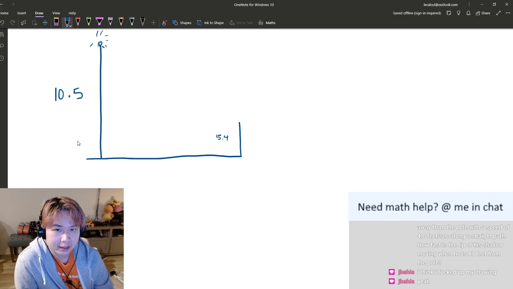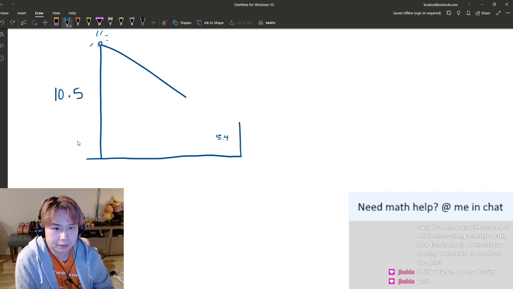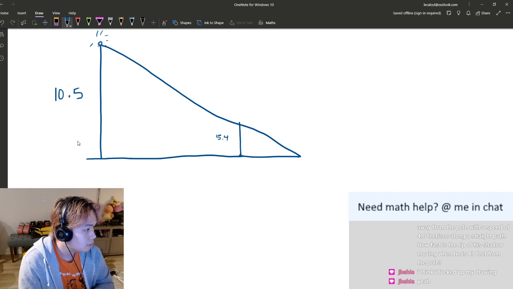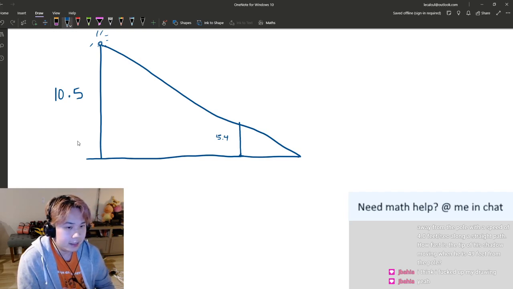And then the light shines down and creates a shadow. And then we want to find out how fast this tip is moving.